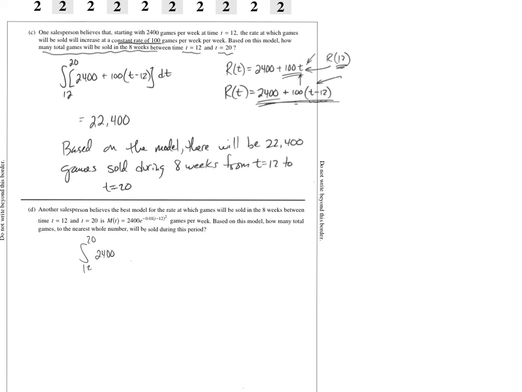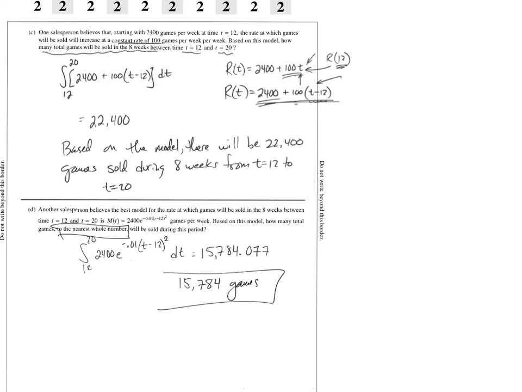So this is just going to be a straightforward integral from 12 to 20 of this exponential function, 2,400 e to the negative 0.01 times (t minus 12) quantity squared dt, and just throw that directly into math 9 and get your answer, which is 15,784.077, but it does say to the nearest whole number, so we would say 15,784 games.